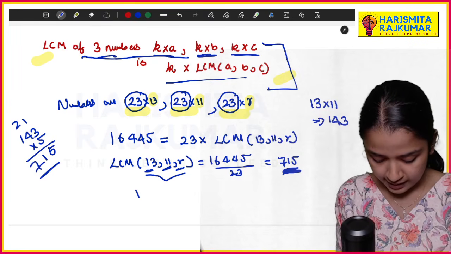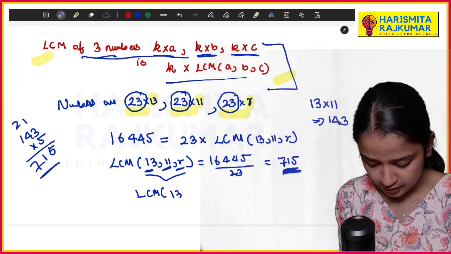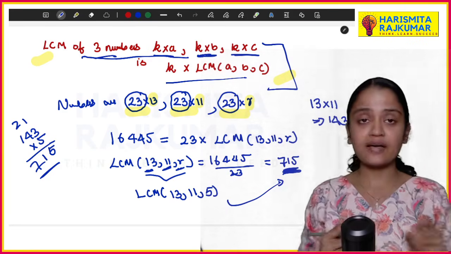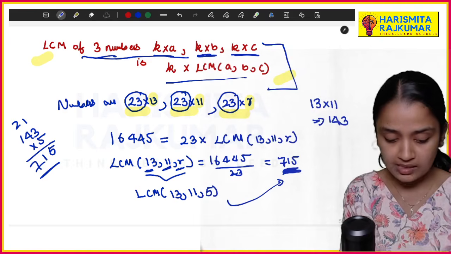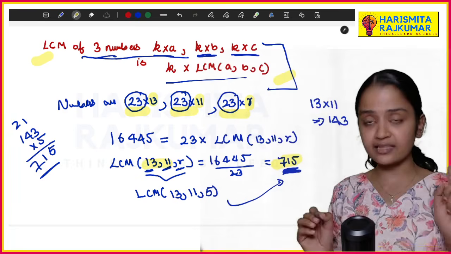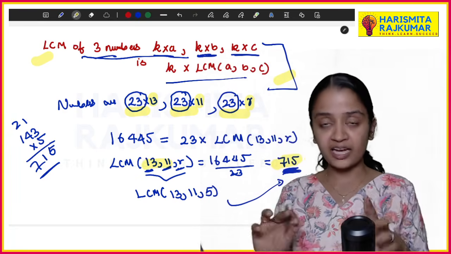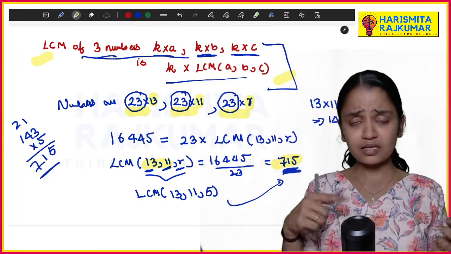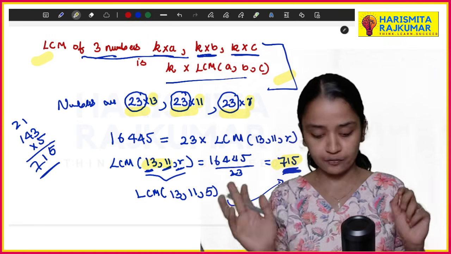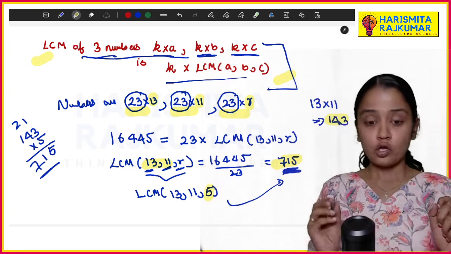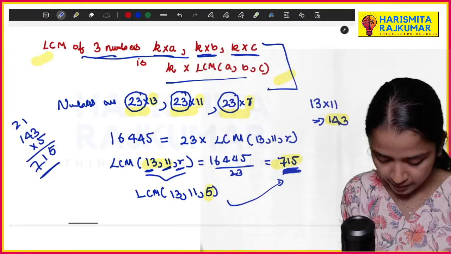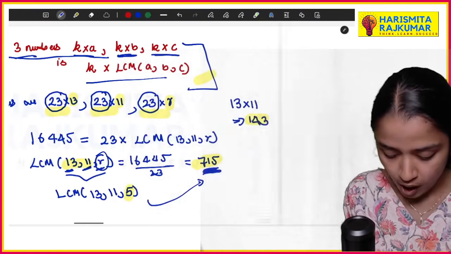So basically the LCM of 13, 11 and 5 is 715. If you want, you can check it. So what can I conclude? I can conclude that my R is nothing but 5. R is equal to 5.